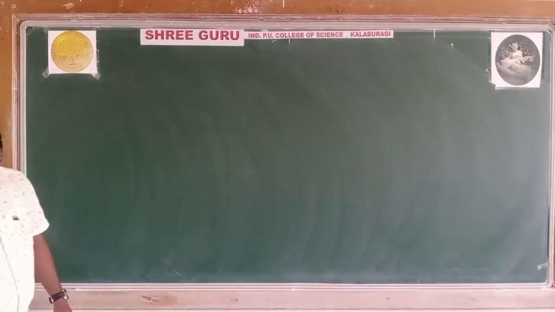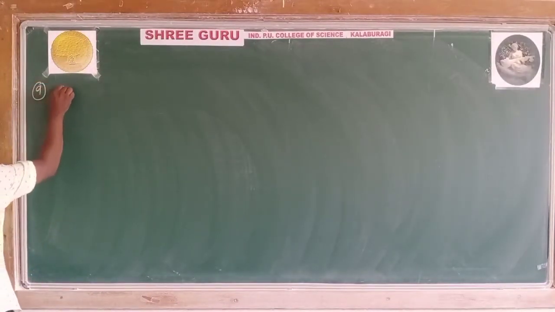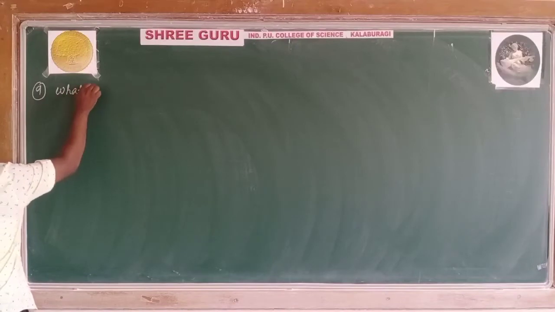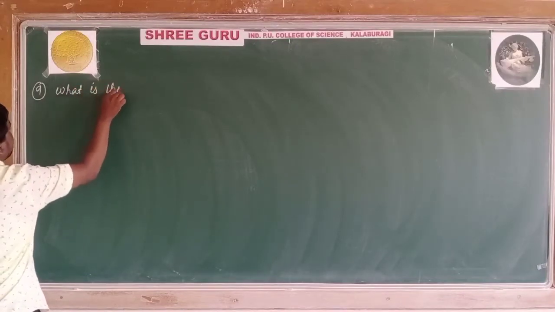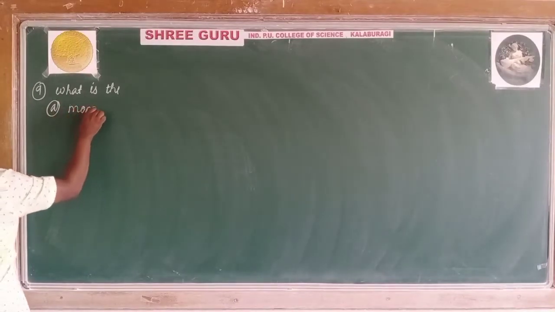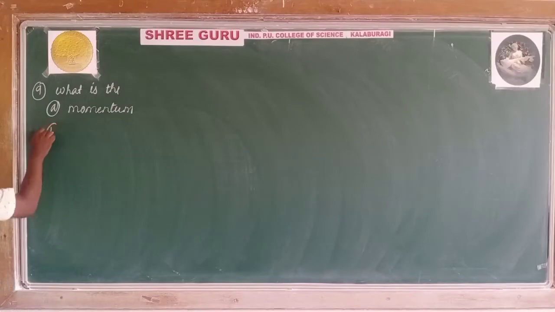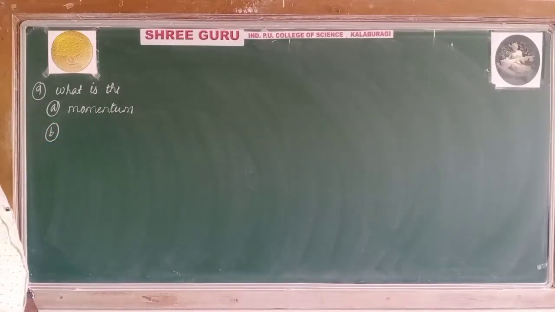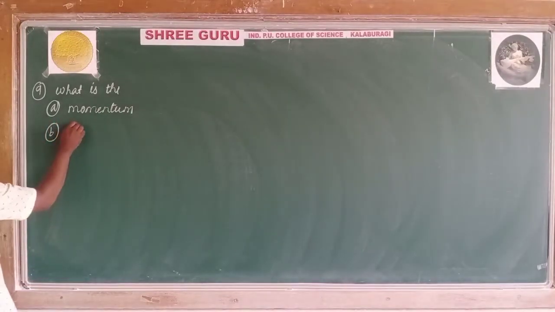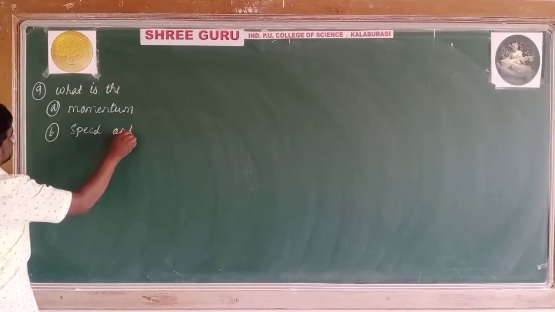Next is, what is the first one, momentum, B bit, speed and C bit.